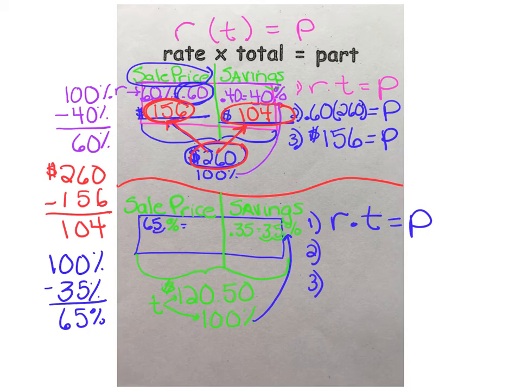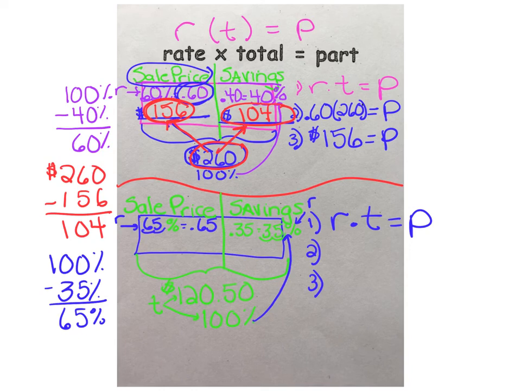Or scoop, scoop, as we convert it to a decimal, we do have to spend 65 cents of every original dollar. So this is the rate for the sale price, and if you're looking for the savings, this is the rate you'd use for the savings part of the bar. So depending on which part of the bar you are trying to figure out, you need to choose wisely when it comes to your rates.